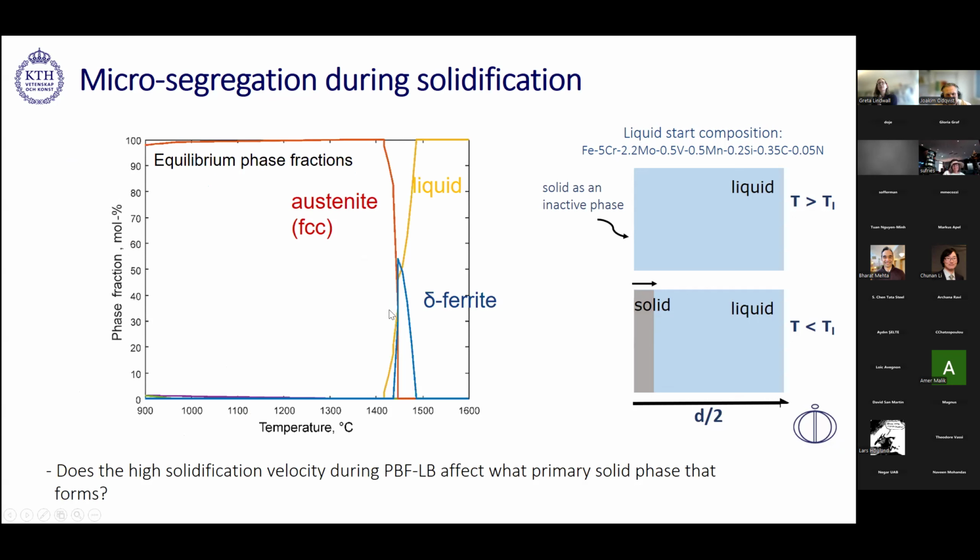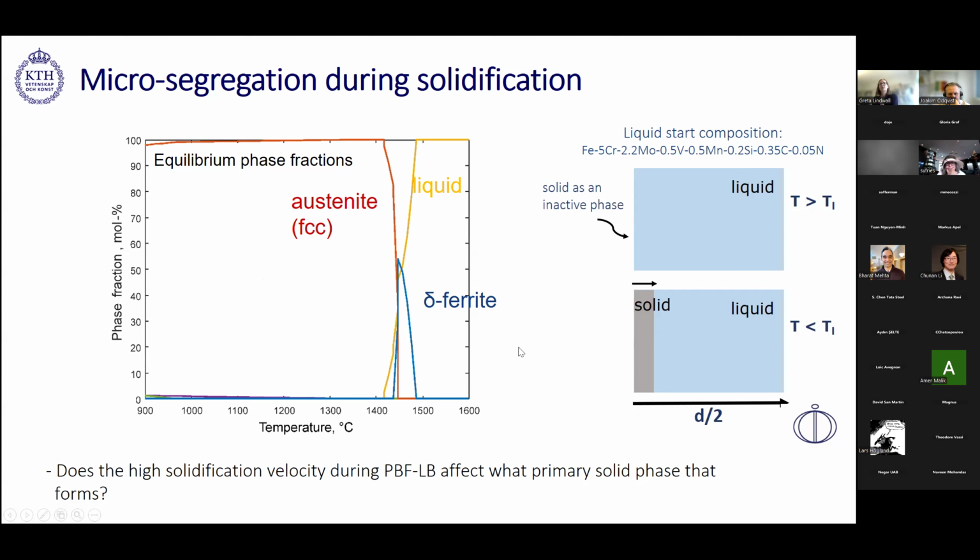At high temperature, you can see that the first solid phase to form is delta ferrite, and then austenite comes after. So if we believe that this holds during solidification, delta ferrite should be the first phase to be added during the simulations.